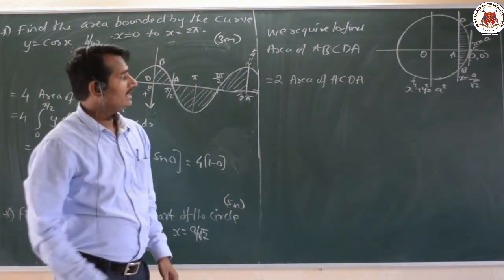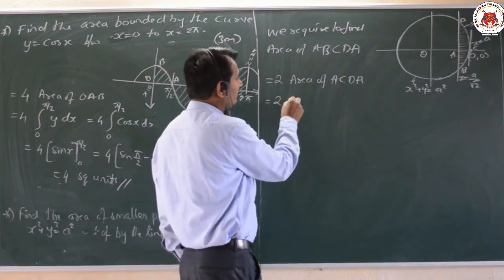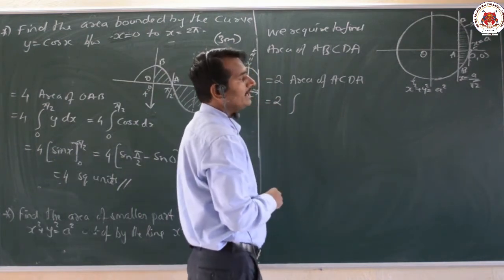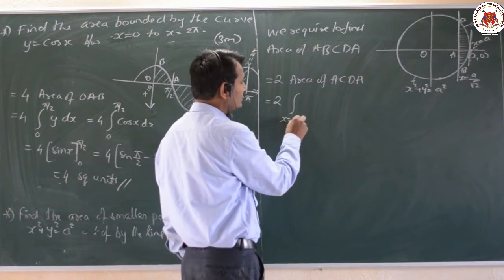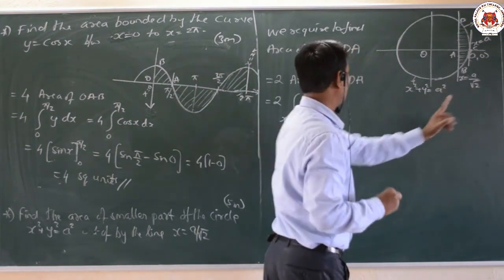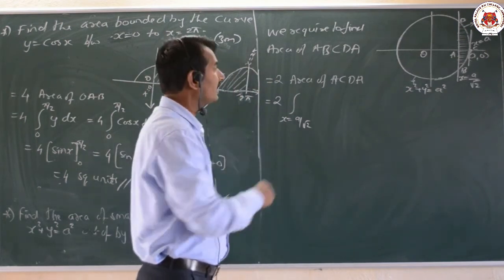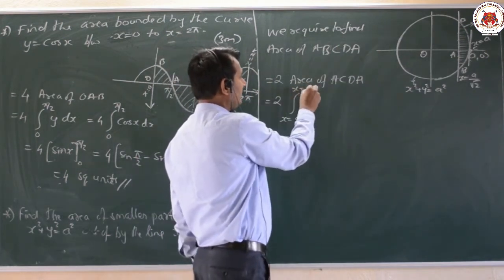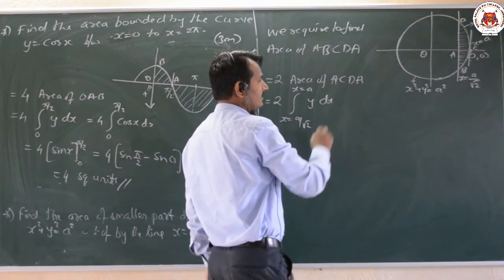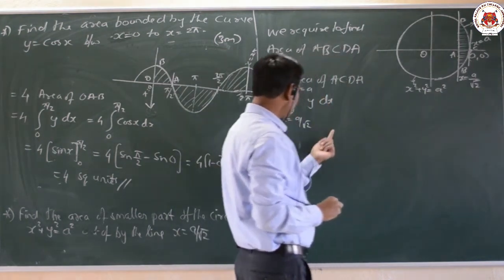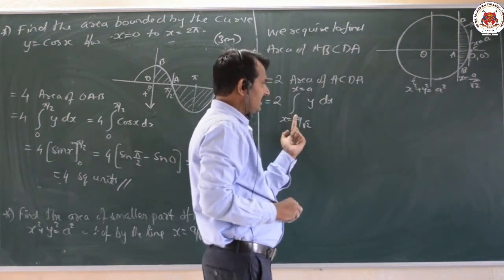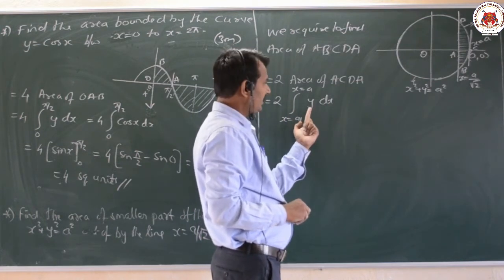Now what I get is 2 into the integration from x equal to a by root 2, according to the line, till x equal to a, of y dx. This indicates the area under the curve.